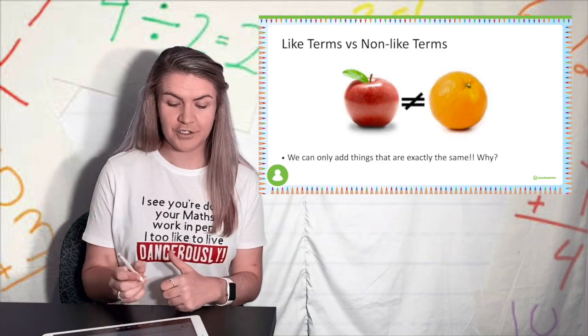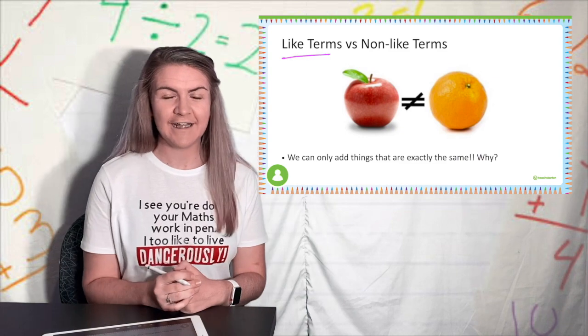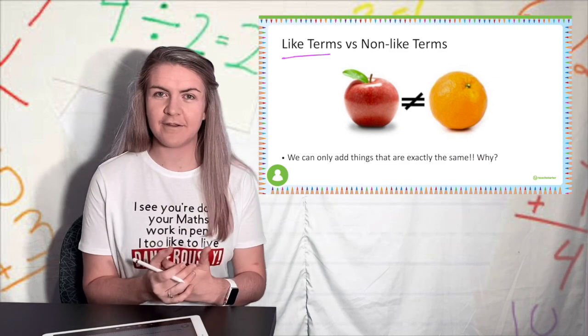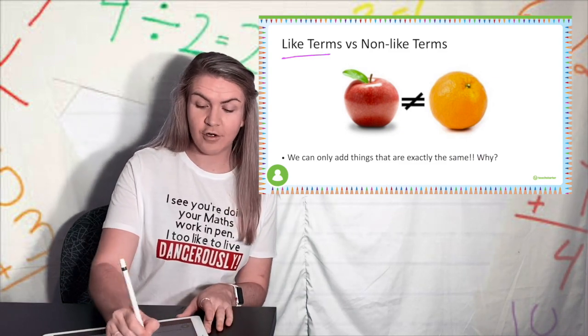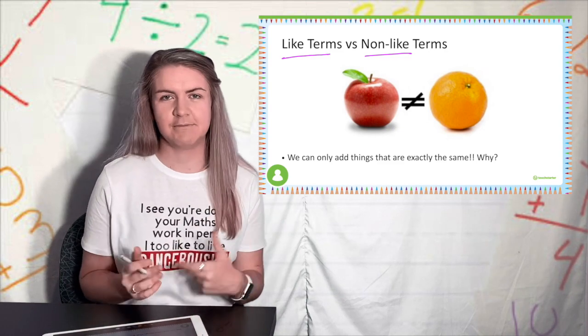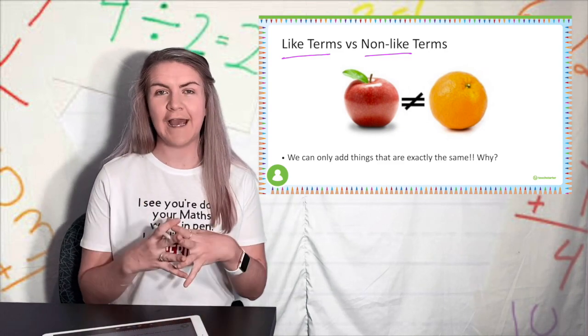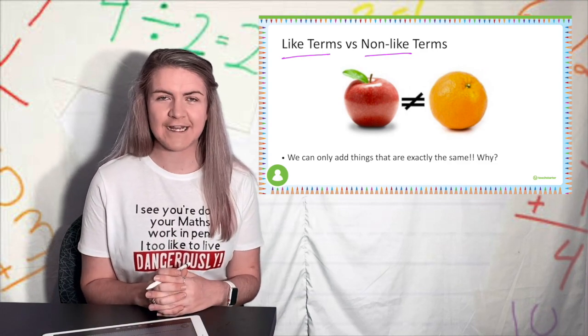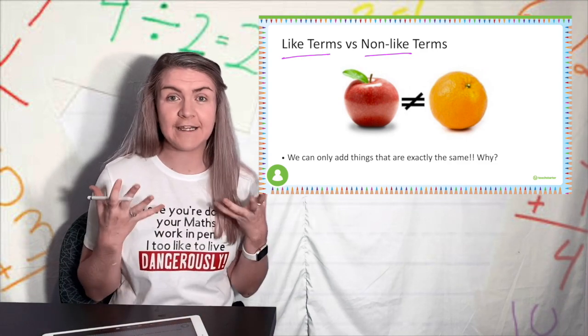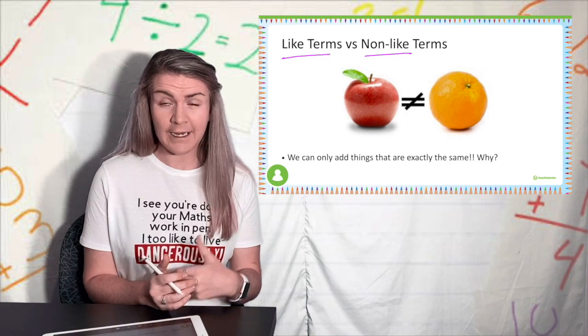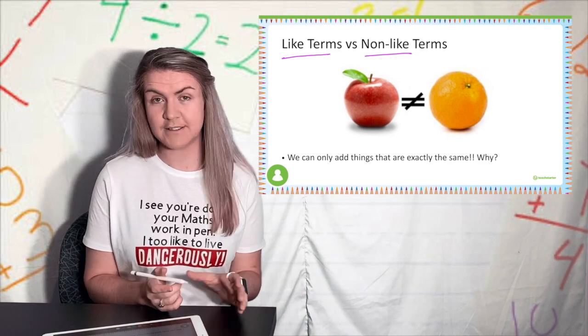Now we have this new word called like terms, like meaning similar to each other. And on the flip side, we have non-like terms, meaning not similar to each other. This basically means that we can only add or subtract pronumerals that are exactly the same, that are like each other. We can tell this from the example we just did.